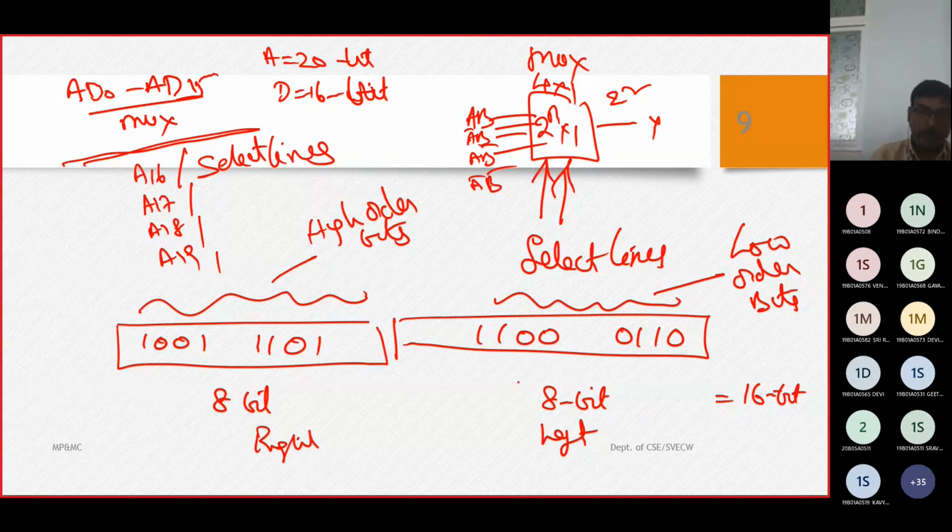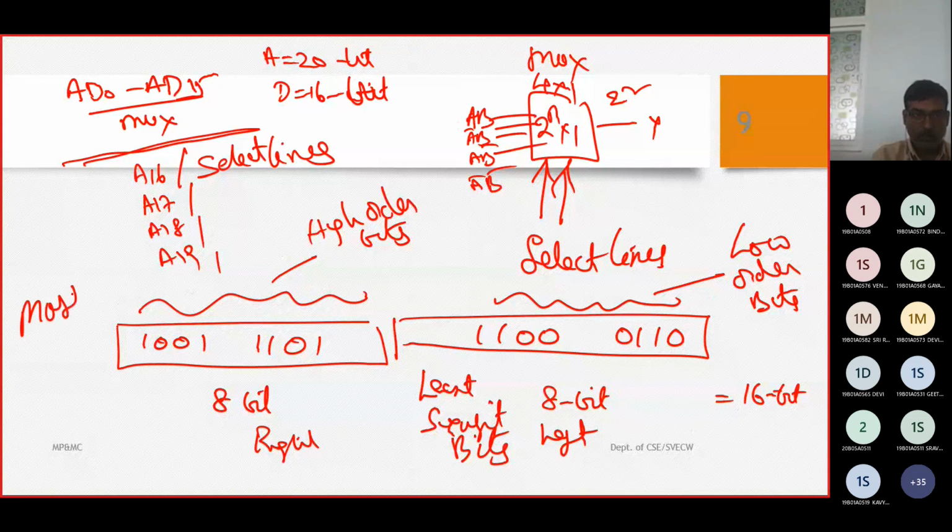Another form is that we call them least significant bits and most significant bits. So the first half we call low order bits, and the upper half we call high order bits. Now this is AD0, AD1, AD2, AD3.